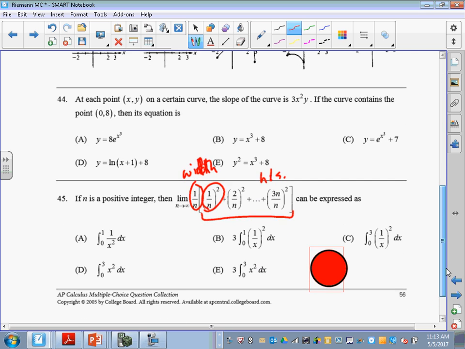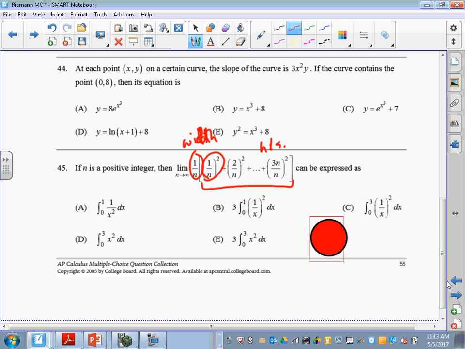So when we go back here, let's look at this. We want to find an antiderivative because we're doing an infinite number of them, right? So they're all going to be antiderivatives. So this is the first height. This is the last height. Okay? What is the first height that we have in our Riemann sum for this one?